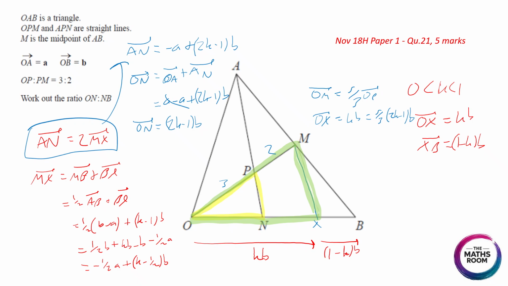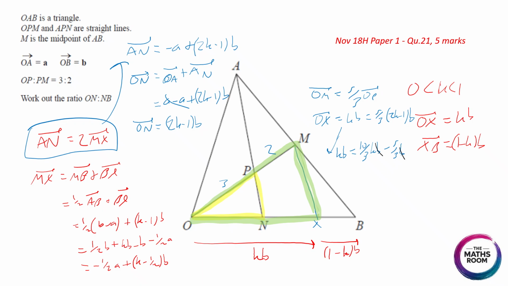Because what have I got here? I've got KB. I've got 10/3 KB minus 5/3 of B. Cancel the B's.